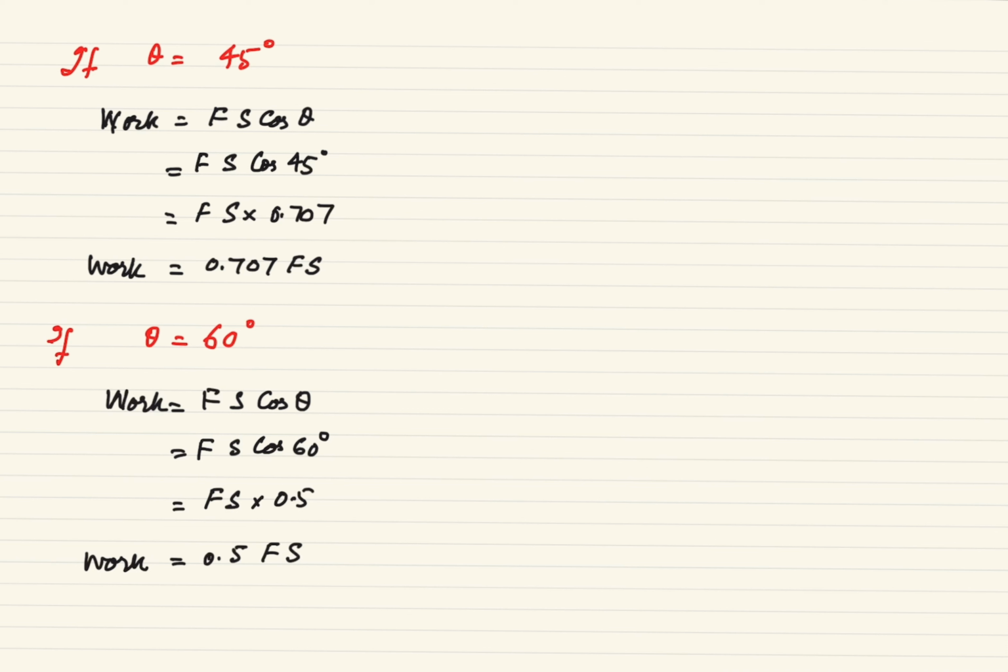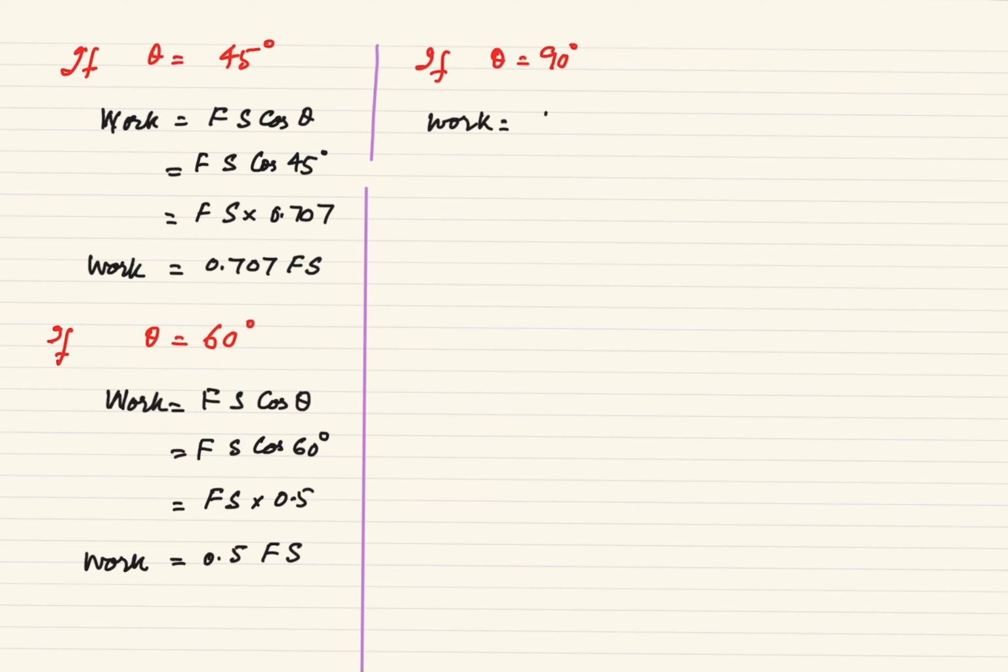So you can see that the work is decreasing when the angle is increasing, and at one point, like suppose theta is equal to 90 degrees, then what will be the situation of the work?